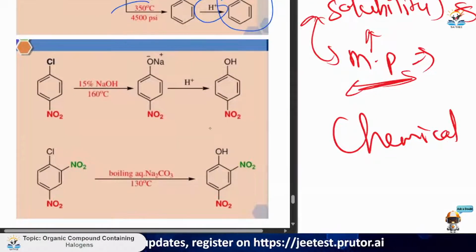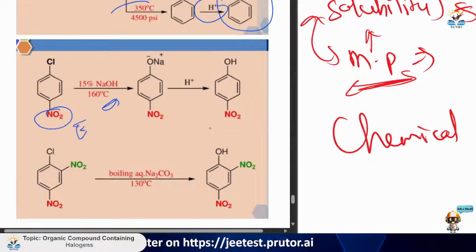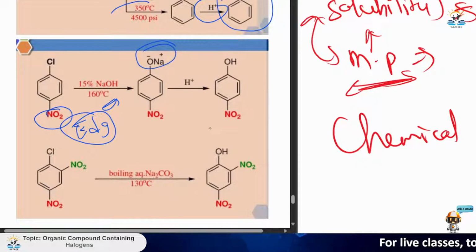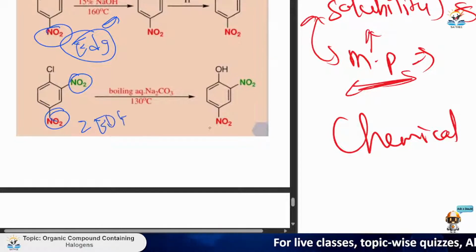Similarly, if we have an electron withdrawing group at the ortho or para position, the temperature we require will be lower than the previous one, and we can get the reaction. O negative Na positive. If we have two such groups, we will require an even lower temperature.